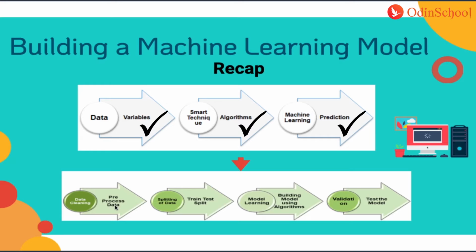Once your data is pre-processed and ready, we do a train test split. What is train test split? You have your entire population of data. Out of that data, I take some portion and train the model with it. Once my training is fine, with the rest of the portion I test whether the model I have built using the algorithm is correct or not, and that is about validation.